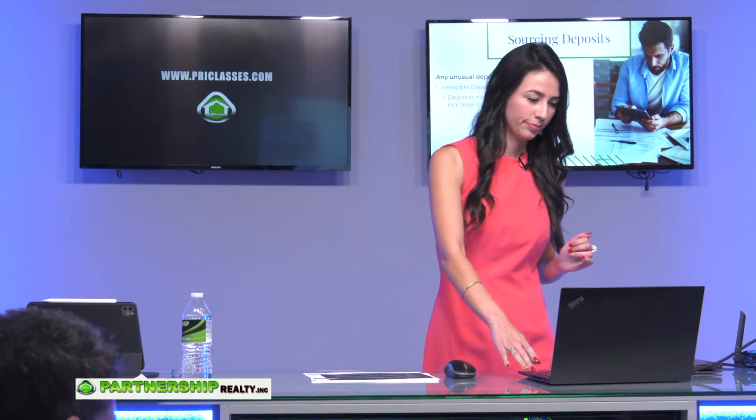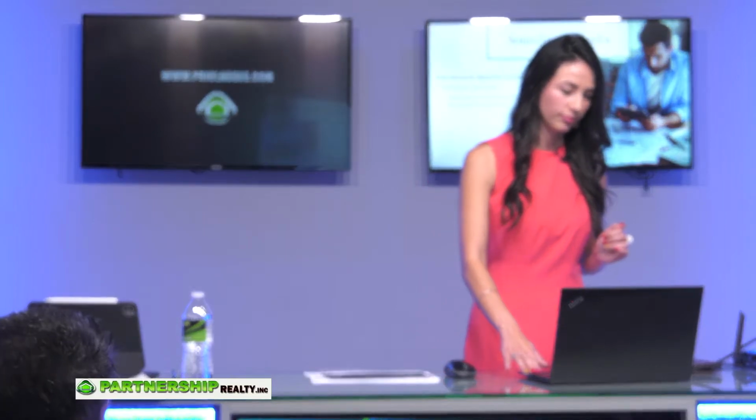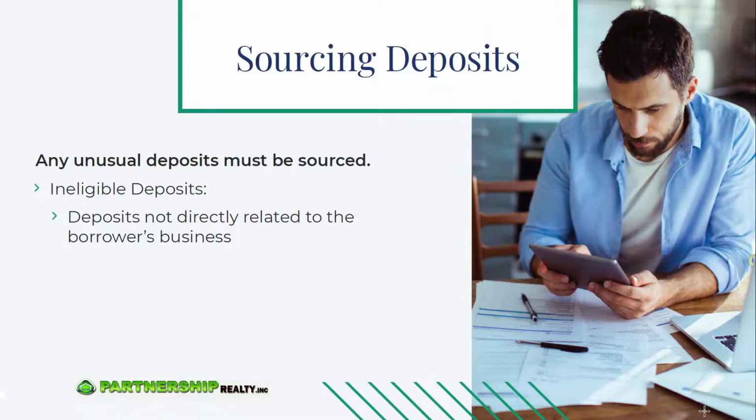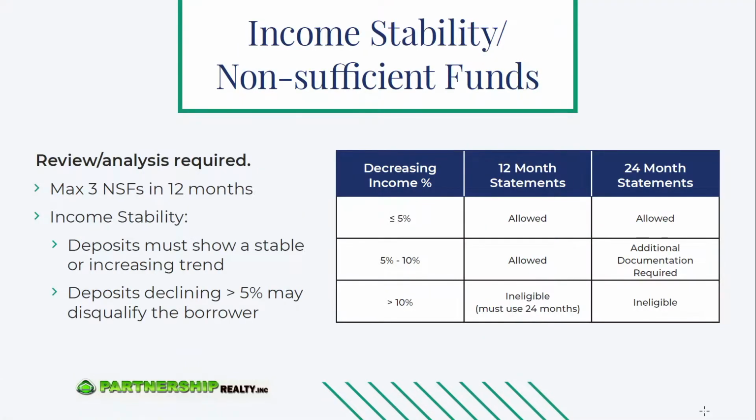If I have a company and the deposit says $10,000 from another company, then it makes sense that it's originating from the business itself and not cash. So it's not eligible if it's not from the business.